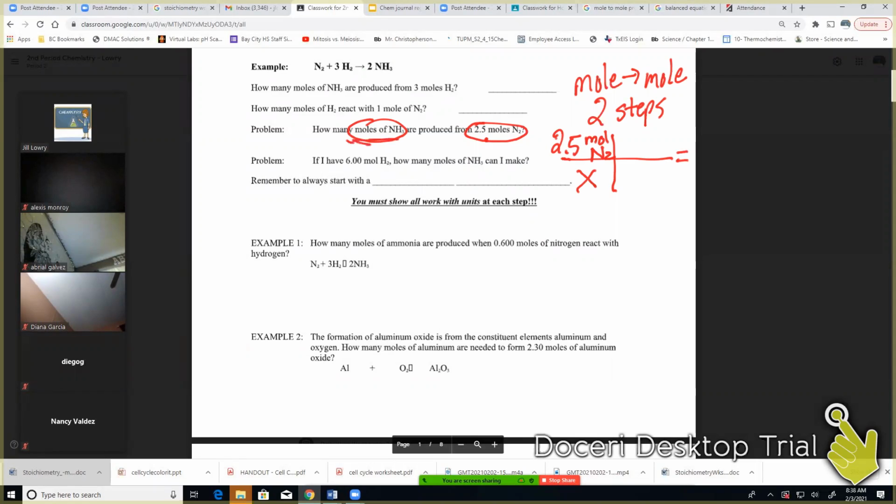And then you end at the top closest to your equals with what you want to figure out. I want to figure out moles of ammonia. So I gave myself my beginning and I gave myself an end. Then you have to follow your units. If your moles of nitrogen here, I have to have the same unit down here because I need them to cancel out.